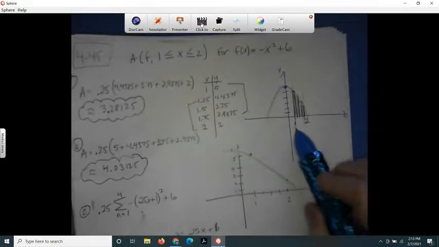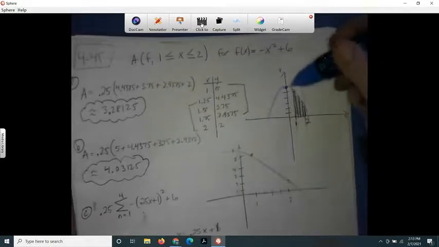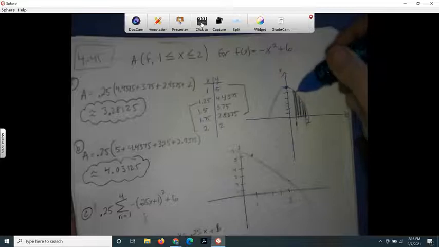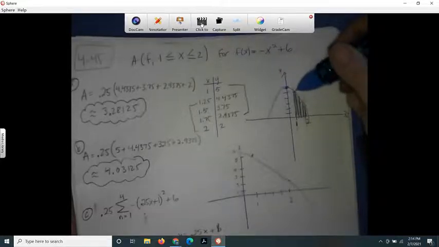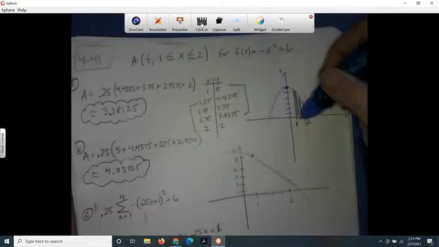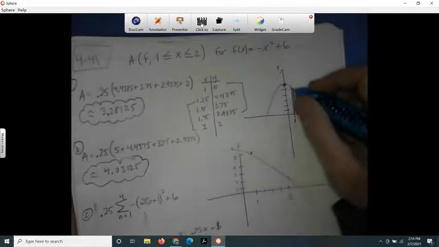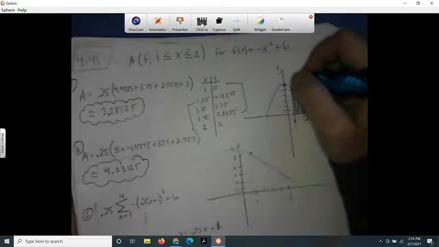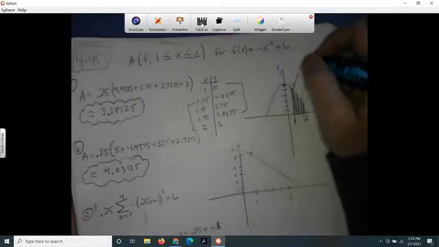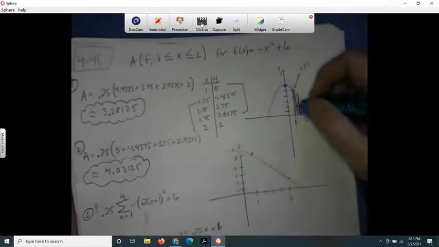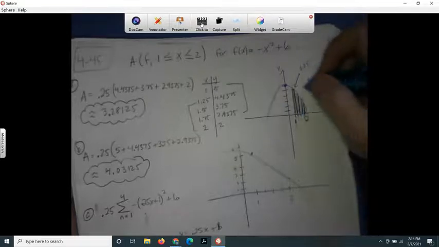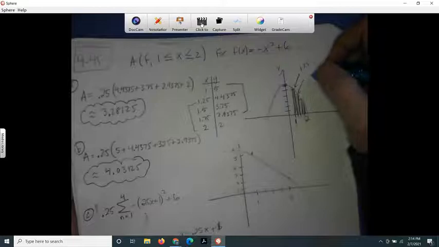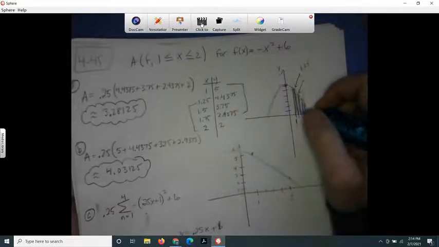So this first rectangle, the height of it would be, actually, it would be this end of the rectangle is touching, so the height would be that corner right there, is 1.25. And then right here, not the height, sorry.